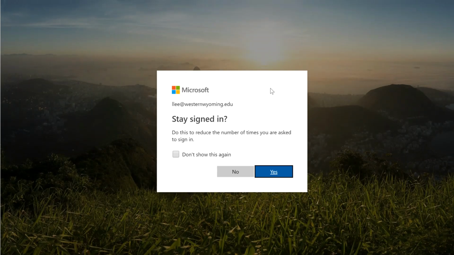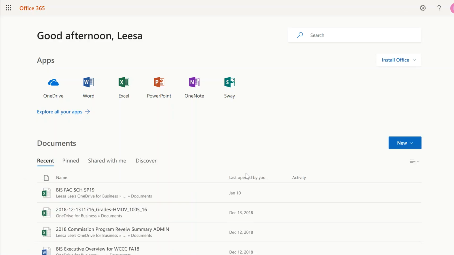That takes us into our connection with Microsoft Office in our portal. And I want to make kind of a big deal about this. These apps that are showing here are online, lightweight apps.